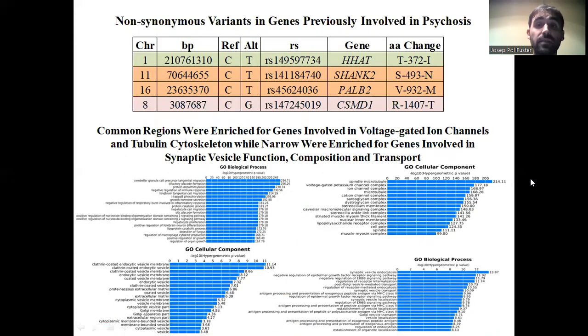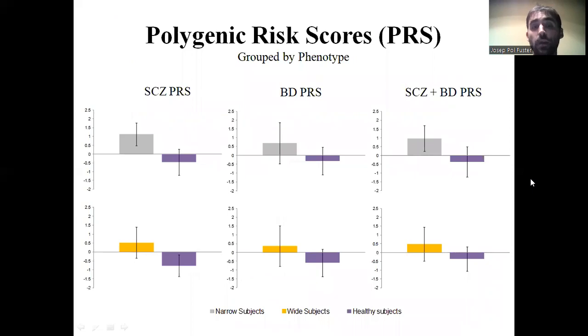There were other variants affecting candidate genes that were present in some of the members of the family that may be contributing to the phenotype also, and the linkage regions were enriched for processes which are also relevant to the phenotype. Regarding polygenic risk scores in family 2, which has more family members, they show that affected, psychotic members of the family carried more variants previously identified for the phenotype at the population level compared to healthy subjects.